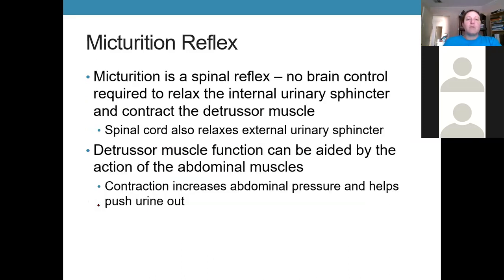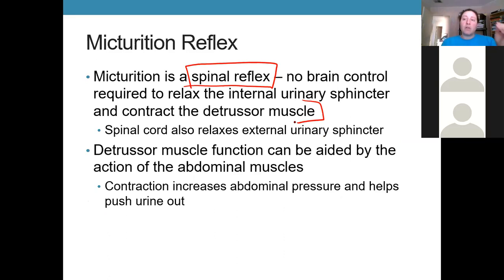And the cool thing is that it works at the level of the spinal cord. So it's a spinal reflex, which means that no brain control is required to relax the internal urinary sphincter, relax the external urinary sphincter, and contract the rest of the detrusor muscle, so the smooth muscle within the wall of the bladder, in order for urination to occur.